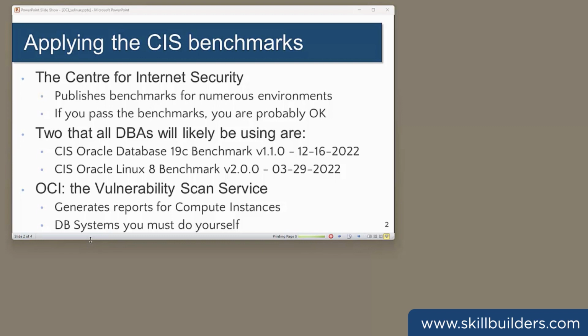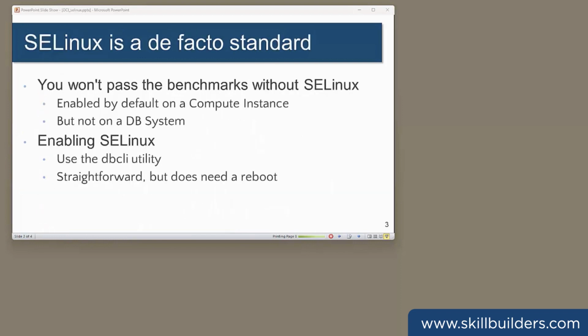When you apply it, right at the beginning, it's going to check, are you running SELinux? One of the first checks in the Linux benchmark is for SELinux. This is something so fundamental that you are not going to be able to justify failing it. In the 21st century, you have to use SELinux.